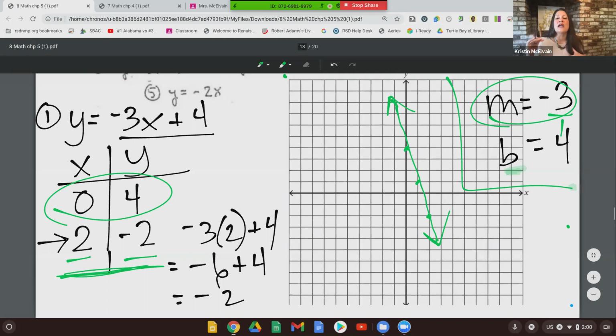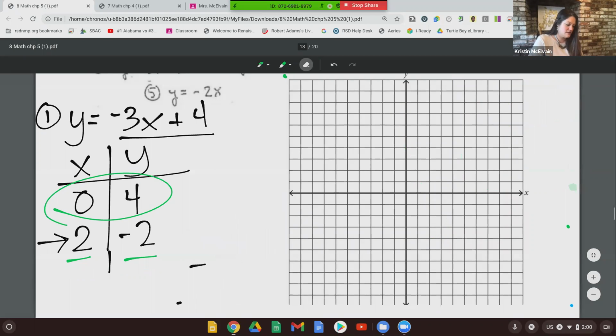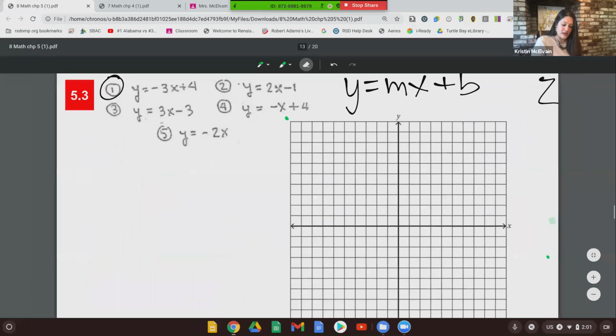So which way you feel most comfortable, or if you want to challenge yourself and do both, or to check your coordinates, that's awesome as well. Okay, number 1, done.